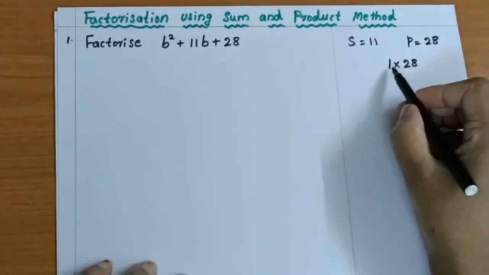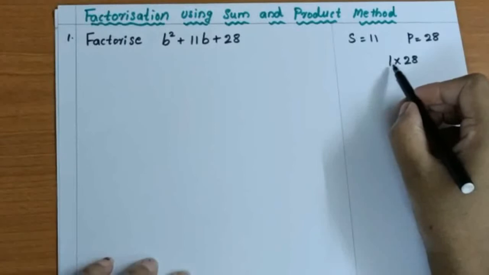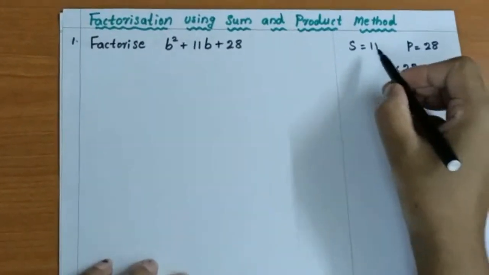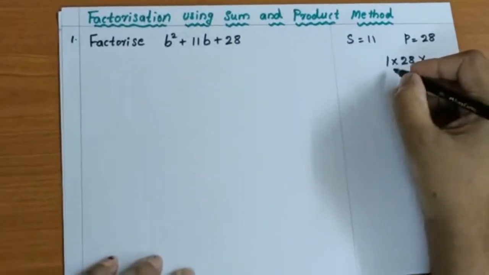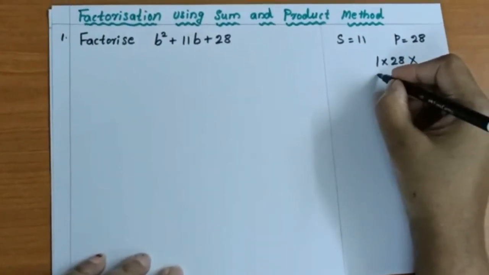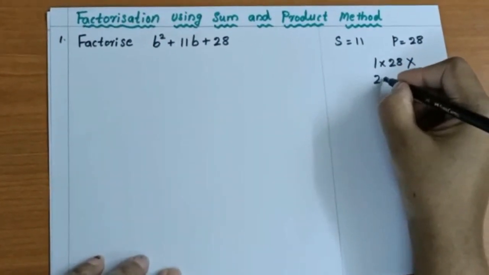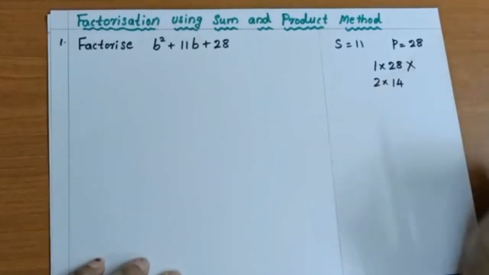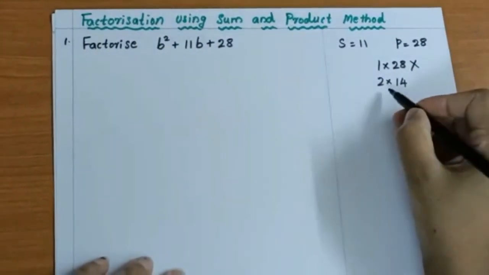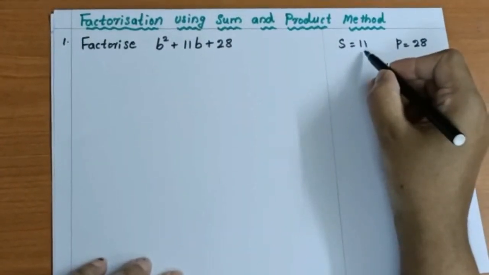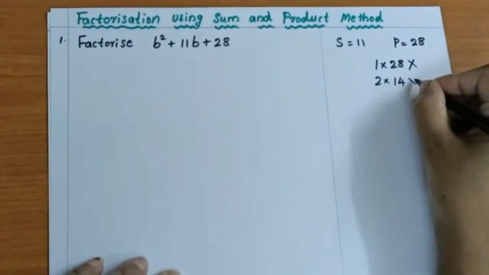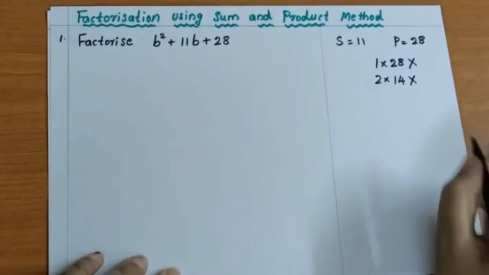But when we are adding 28 and 1, it is not 11. So we cannot choose it. So we can find out the next factor, that is 2 times 14 will be 28. When we are adding 14 and 2, we will not get 11.